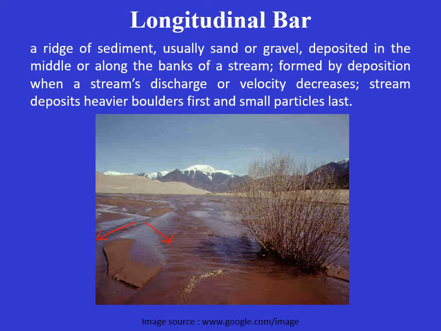Along with the previous condition, these longitudinal bars mainly form in mountainous portions where the slope is high and the river carries mainly coarser, gravel sized particles. These kinds of braided rivers are also observed in the lower stage of the river.